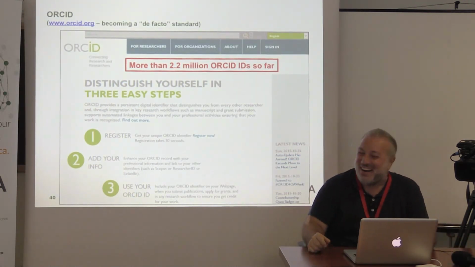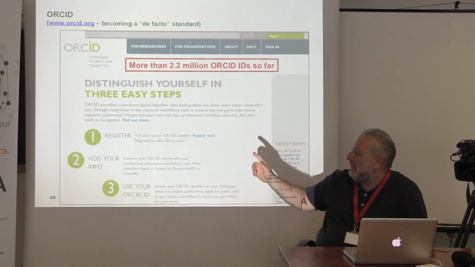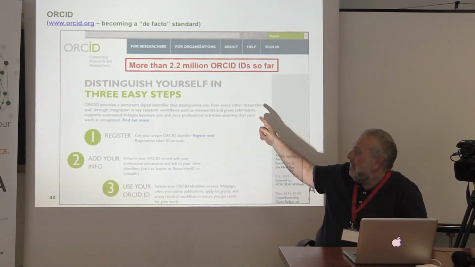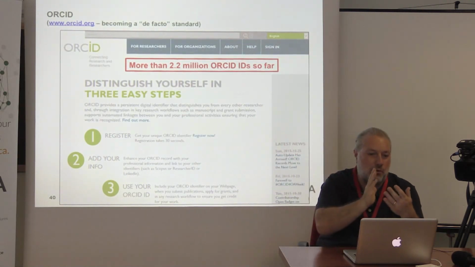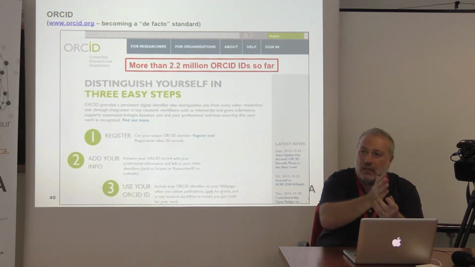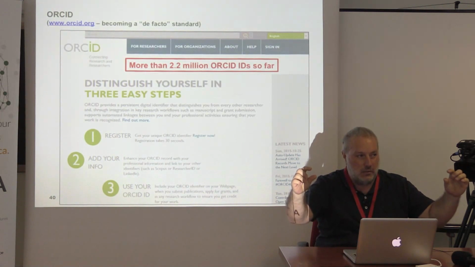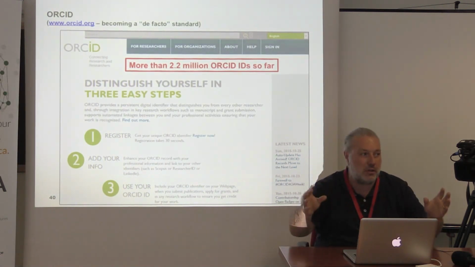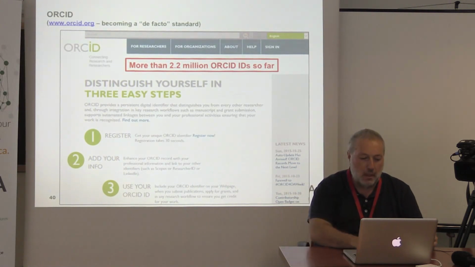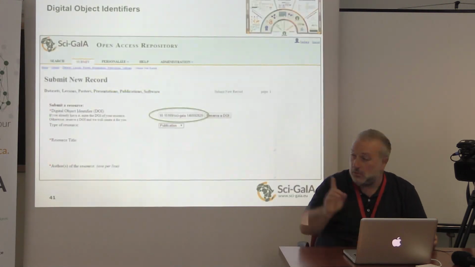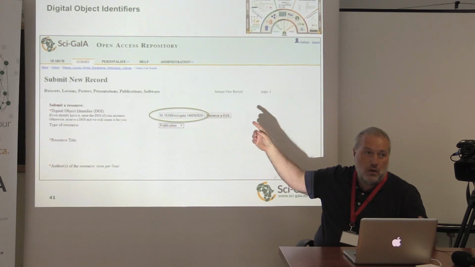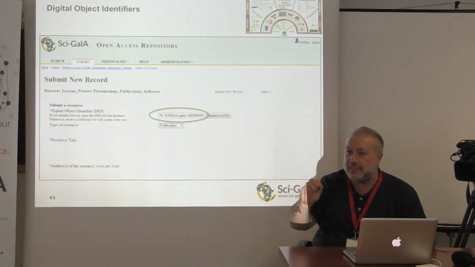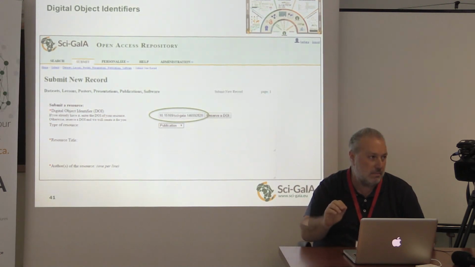Okay, so ORCID is a non-profit organization. You register your ORCID, and then you get a unique identifier that you can attach to your papers, to your data, to whatever you produce. So you have seen this already. In the Sci-GaIA OER, we have DataCite DOIs.